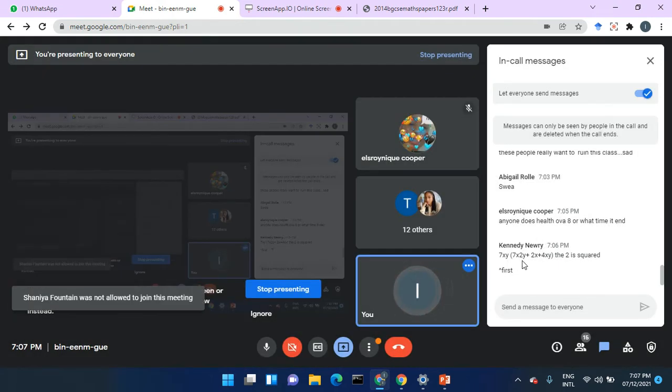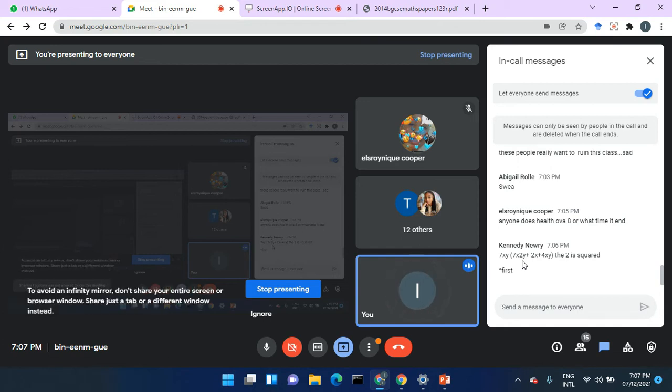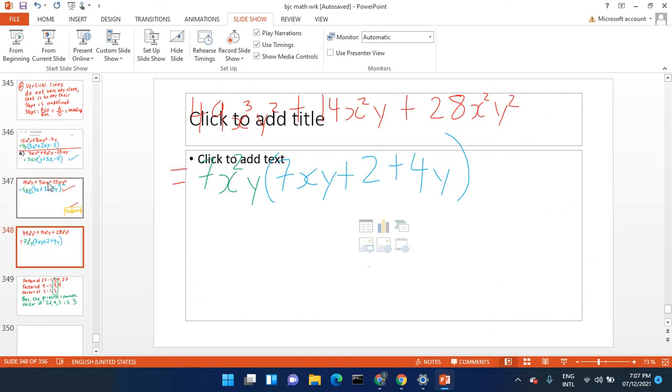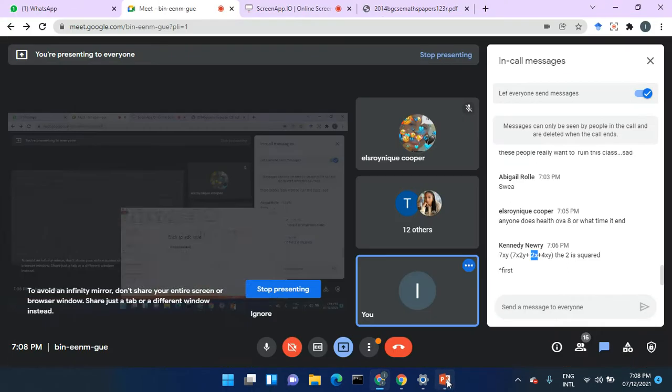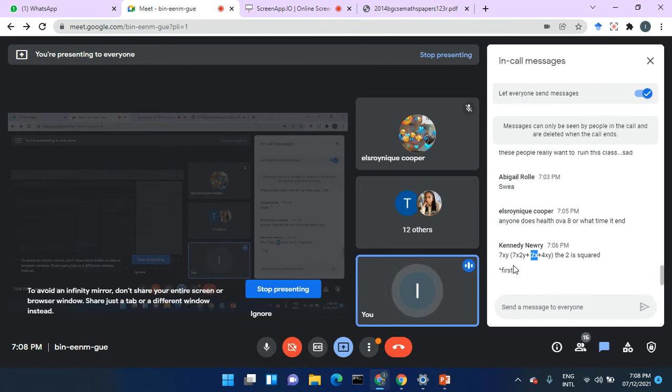Okay, so 7xy. So you said 7x squared y. No, this 2x is wrong. Let's see how different it is from ours. Oh, I see what you did. You put the 7x squared y here instead of putting it out front.